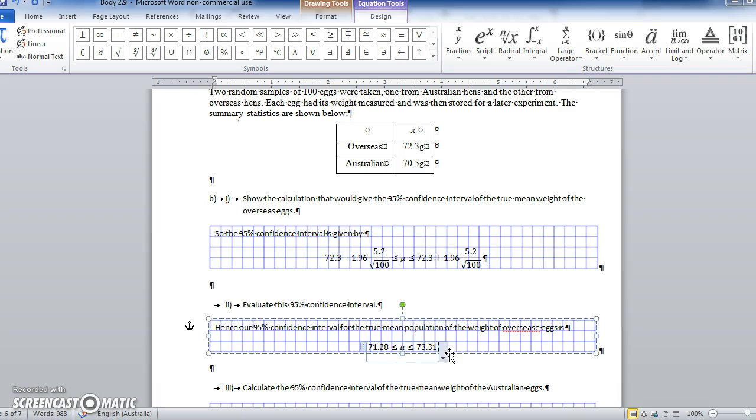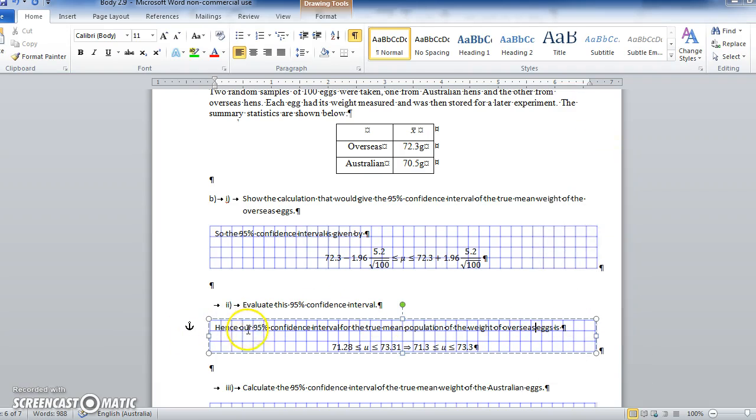And so to be consistent with SACE standards, I'm going to give that as 71.3 less than or equal to mu, which is less than or equal to 73.3.